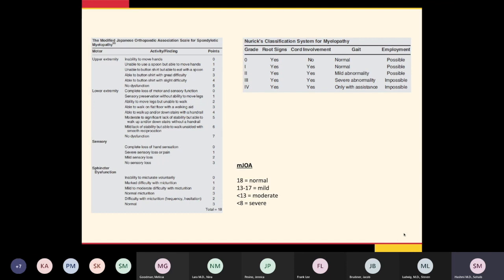In terms of how we grade the degree of cervical myelopathy, there's really two main grading scales.